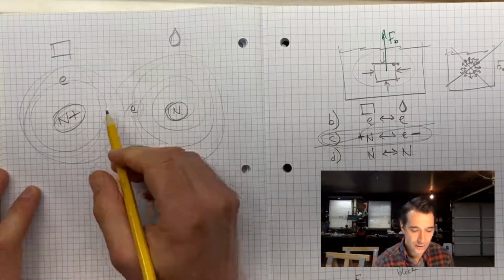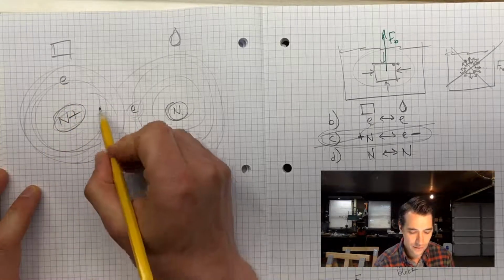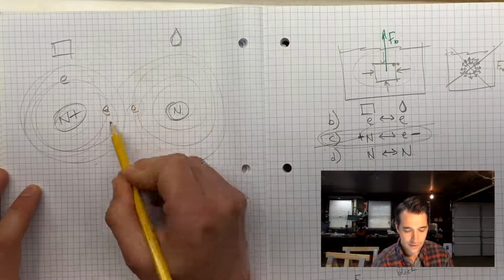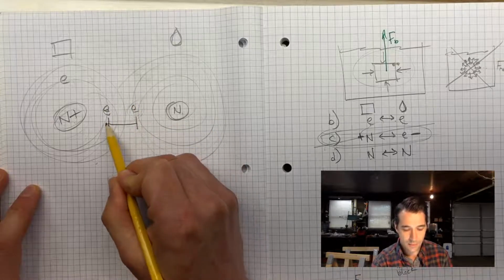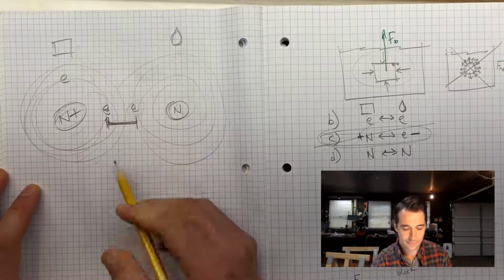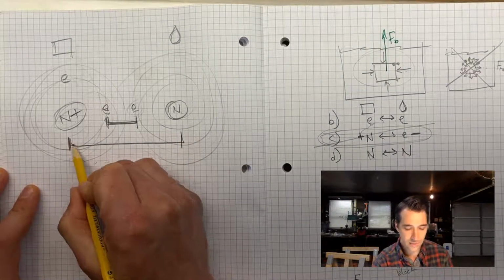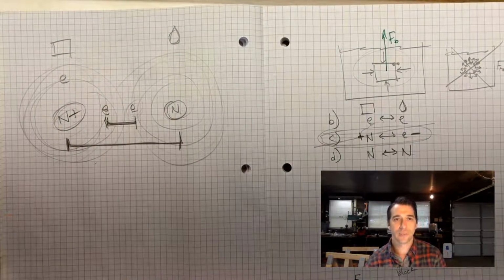So what do we notice? Well, when this guy flies around, at some point, the electrons are much, much closer together than these protons would be inside the nucleus, right?